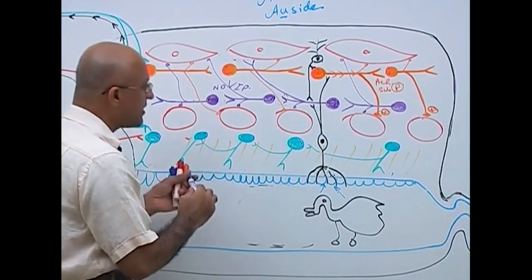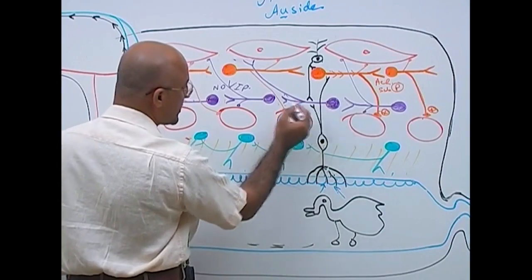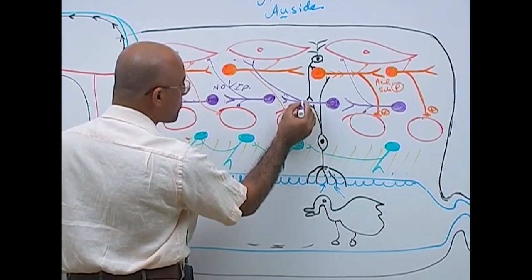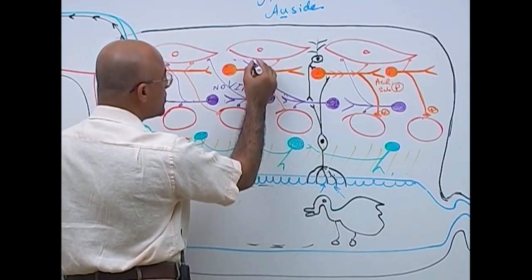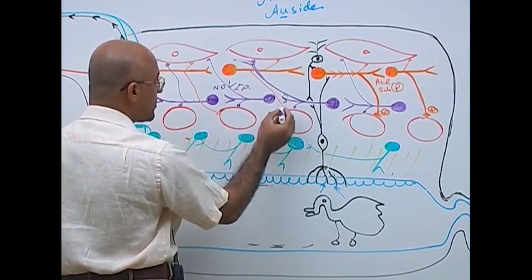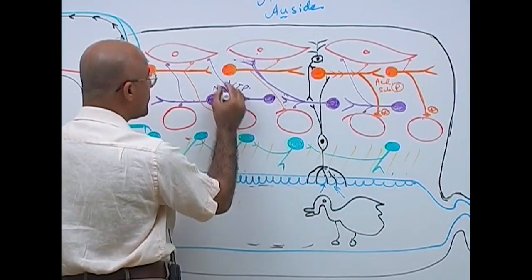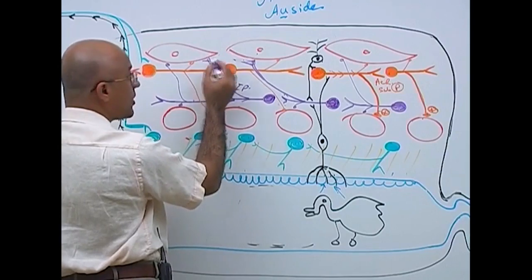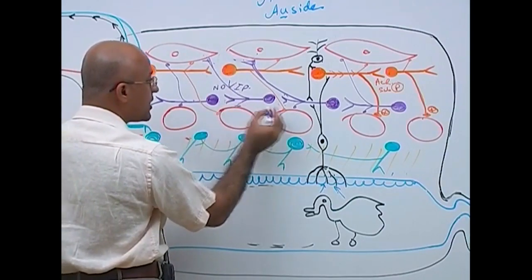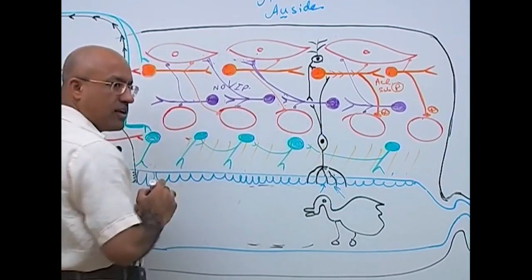So what happens when this neuron is stimulated? It will start producing neurotransmitters, mainly on the longitudinal layer, and some inhibitory neurotransmitter on the circular layer.